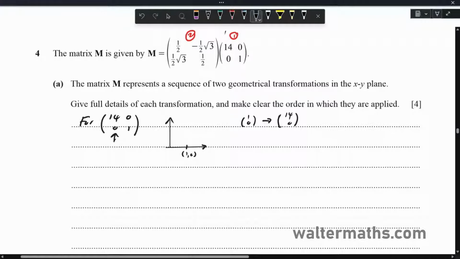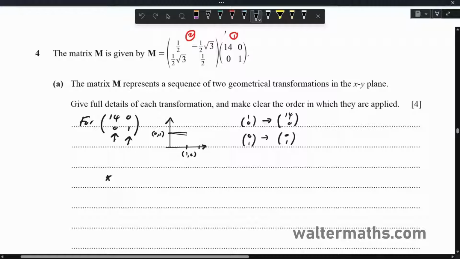So 1, 0 to 14, 0. So it's moving to the right. And the point 0, 1 is being transformed onto the same 0, 1. So we can see here that this transformation is essentially a stretch.